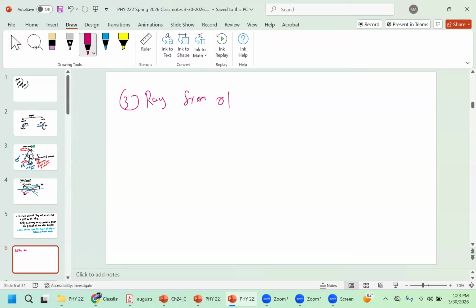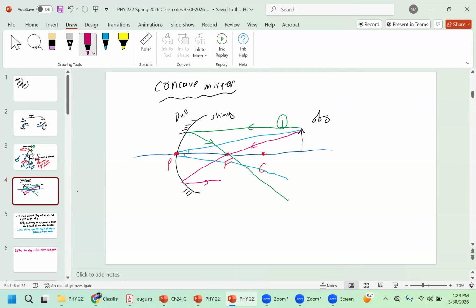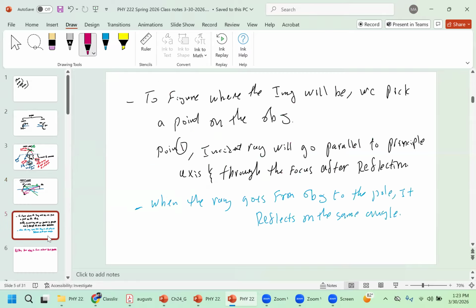Yeah, that's correct. Your object to your focus reflects back parallel. And this is the one that's happening over here. You all see that? All right. Can you go back to what happens when the ray goes from the object to the pole? Thank you.